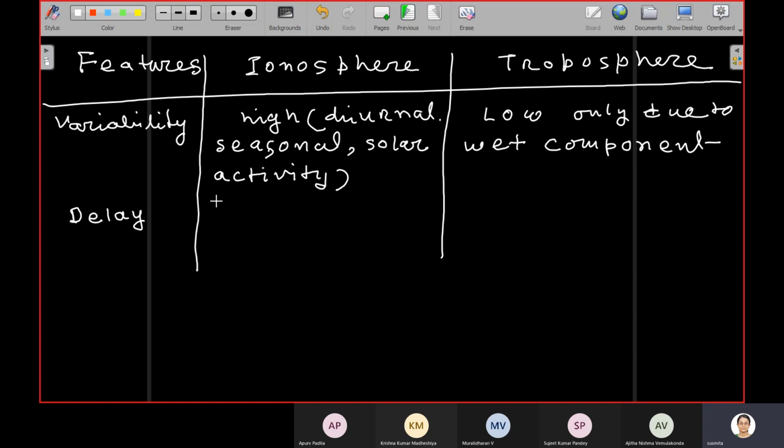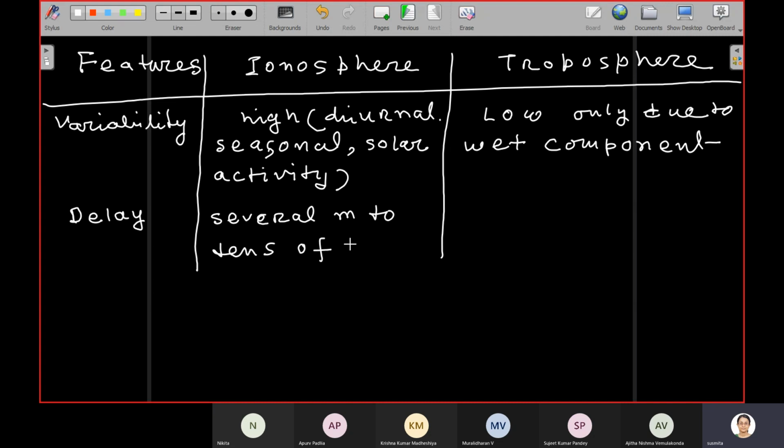In case of the ionosphere, it is several meters to tens of meters. Okay, it also depends on the elevation angle.